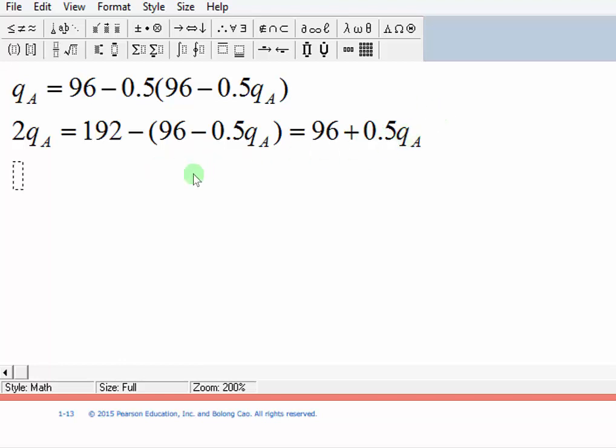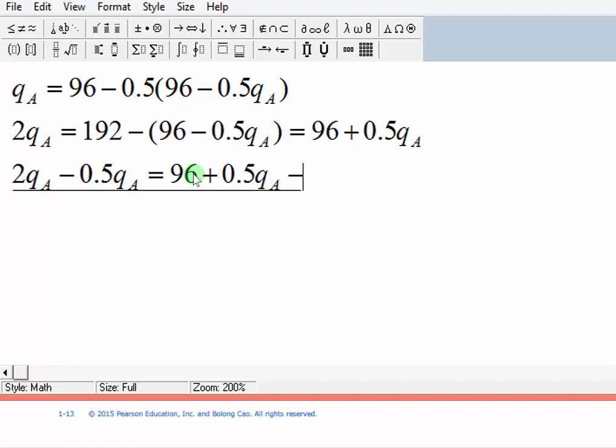So let me show you that. 2 QA minus 0.5 times QA equal to 96 plus 0.5 times QA minus 0.5 times QA. And that's why I said if you consider moving this term to the other side of the equation, you just flip its sign.